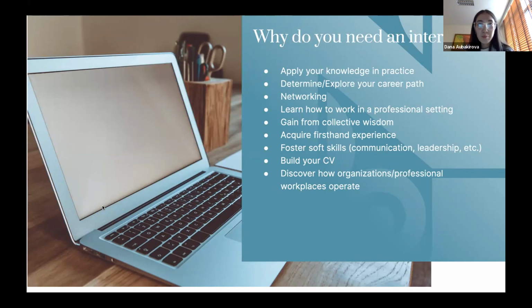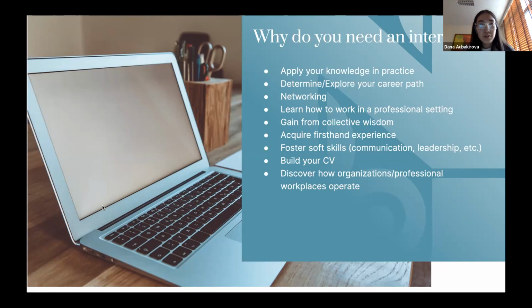Some benefits of an internship: you can apply your knowledge in practice. As Darren already said, during the classes you acquire some theoretical knowledge that you are not sure how to use in practice, and research and internship offer a great opportunity to see how this knowledge can be applied, and you will be really astonished by how many applications your knowledge might have.